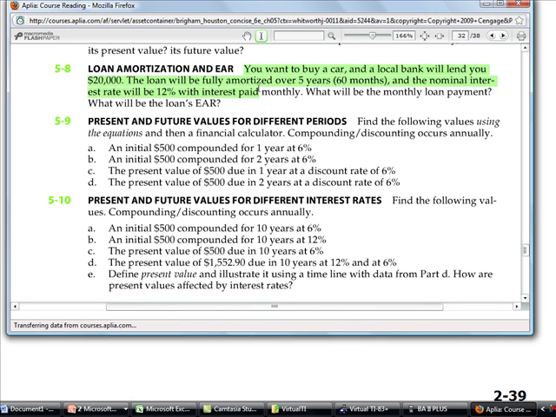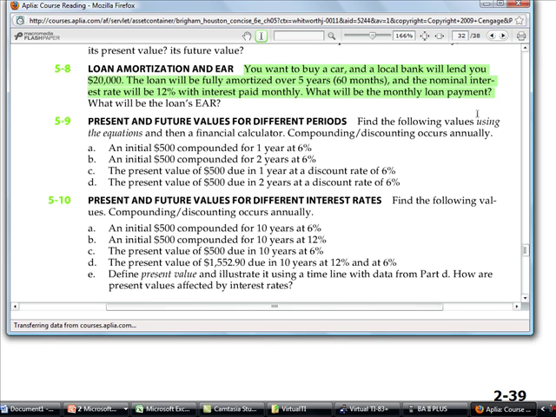You want to buy a car, and a bank will lend you $20,000 to do so. The loan will be fully amortized over 5 years, which of course is 60 months, and the nominal interest rate will be 12% with interest paid monthly. By the way, this is probably not such a good idea.